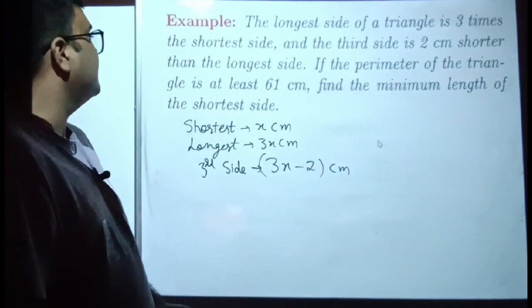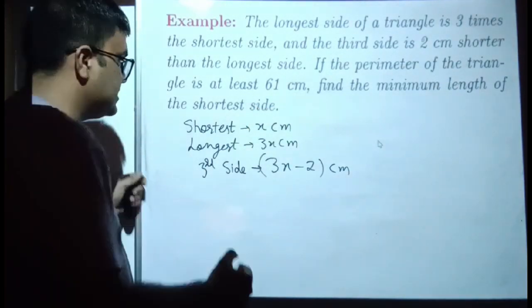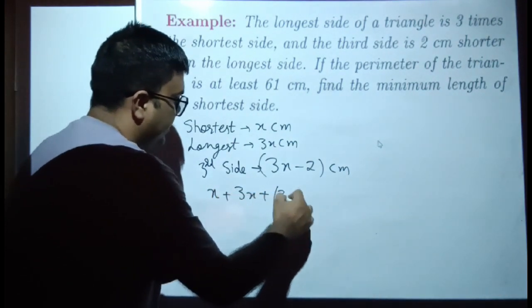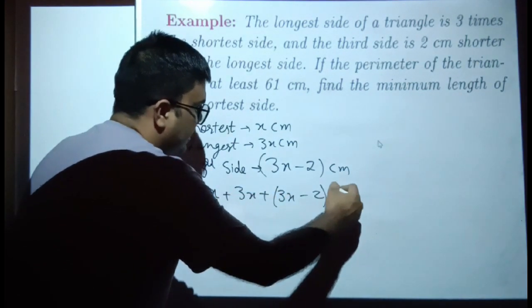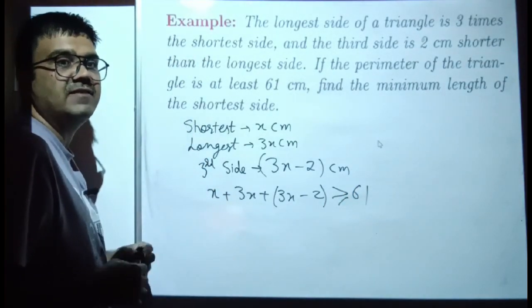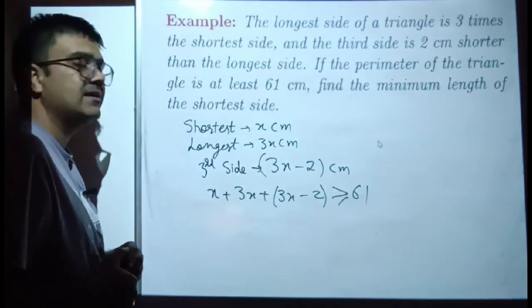If the perimeter of the triangle is at least 61, perimeter of the triangle means sum of all these sides, x plus 3x plus 3x minus 2, and this value should be greater than or equal to 61. Then we have to find the minimum length of the shortest side.